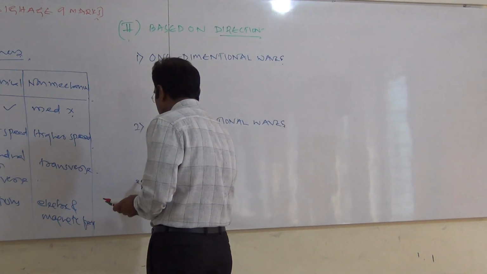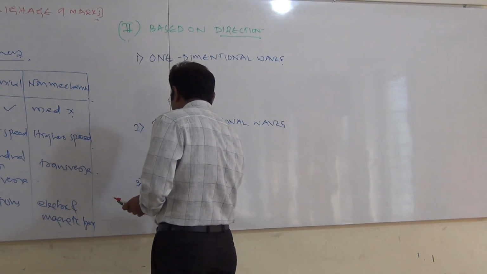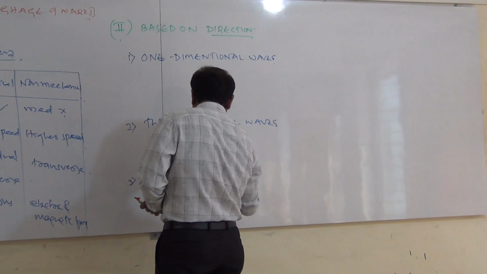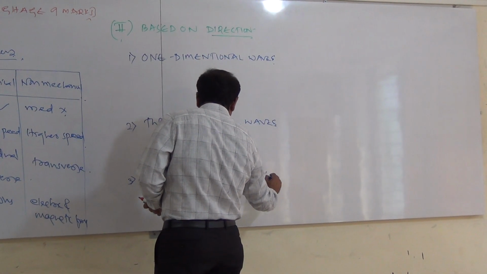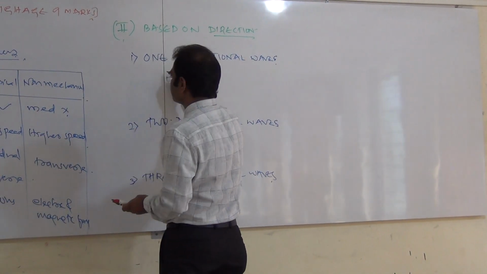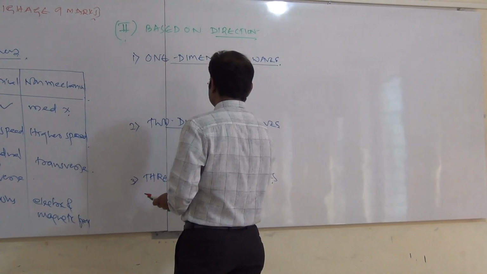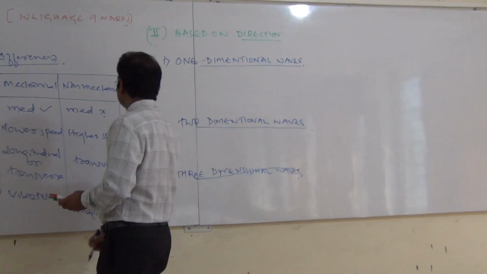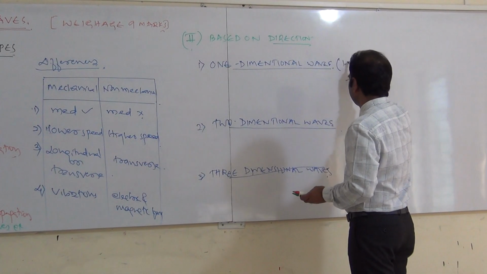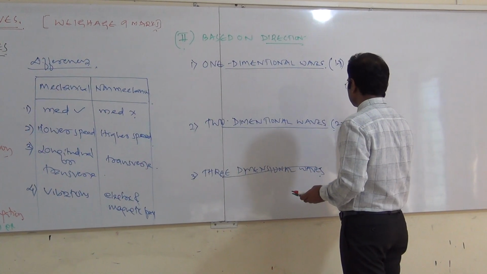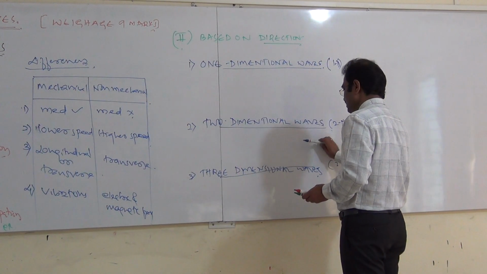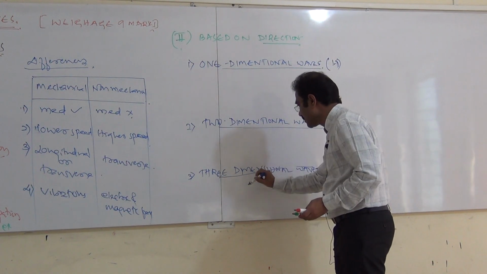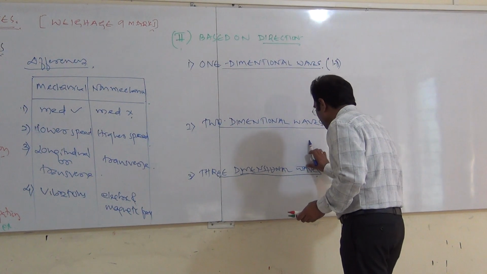Third one is three dimensional wave. They are also known as 1D, 2D and 3D.